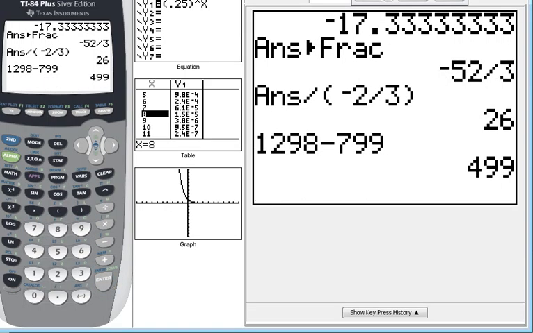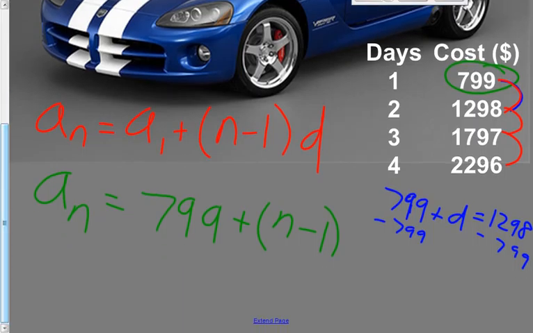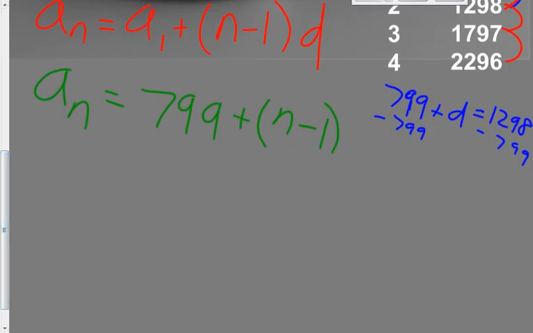So $4.99 is that common difference. And as you can see, you're going to add $4.99 each and every day, each and every term. So this is an arithmetic sequence. So that common difference we said was $4.99.